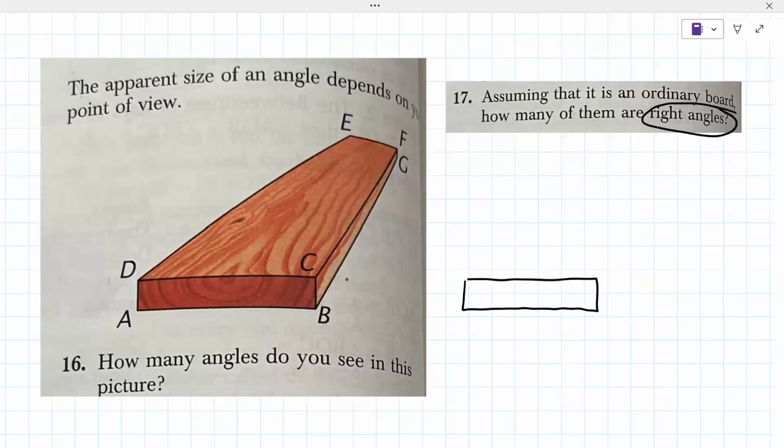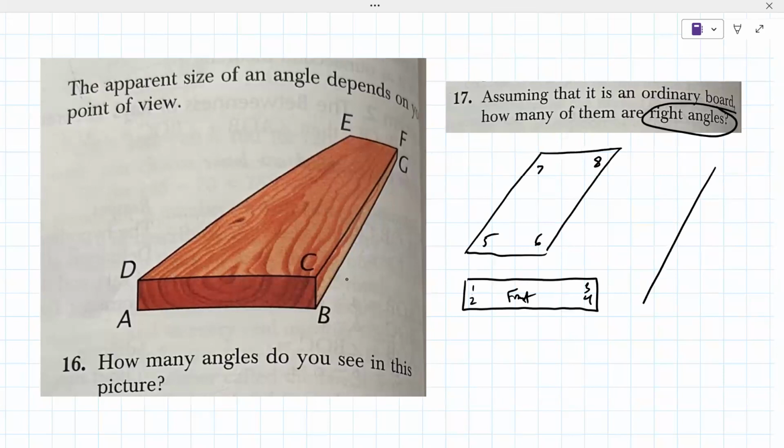If you look on the front, and sometimes it's good to draw the front, there are four angles. One, two, three, four angles in the front. The top has how many angles again? Five, six, seven, and eight. And then the right side has how many angles? Again, four, right? 9, 10, 11, and 12.